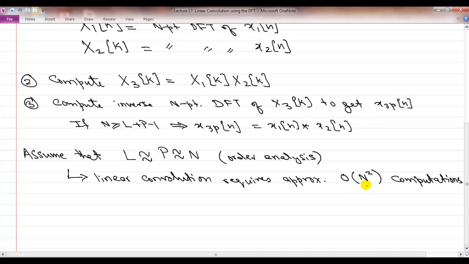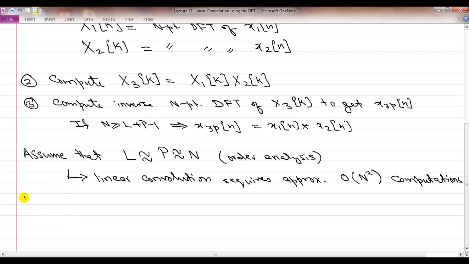So if N becomes double, you will require 4 times the amount of time. If you make it 10 times, you will require 100 times the amount of time. So square relationships are really bad in terms of computations.